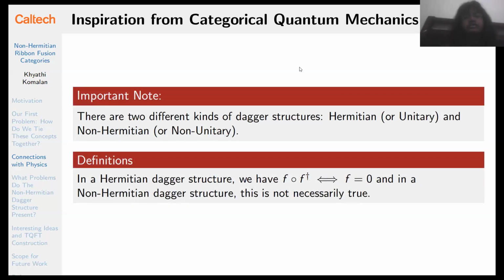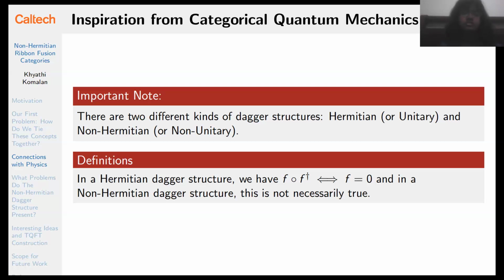Now, there are two different kinds of dagger structures. One is called Hermitian or unitary, and the other is called non-Hermitian or non-unitary. Currently, a lot of properties are being deduced and a lot of results obtained on Hermitian dagger categories and how they behave. This is because they're a lot easier to work with, and the calculations are more elegant in a sense because you have more symmetry and more properties to work with.